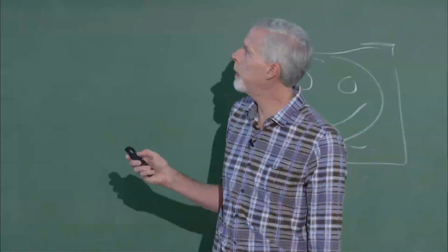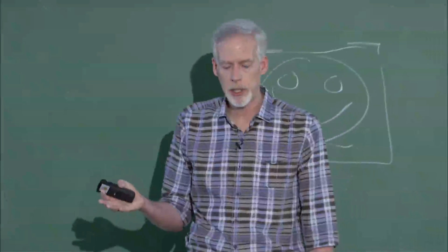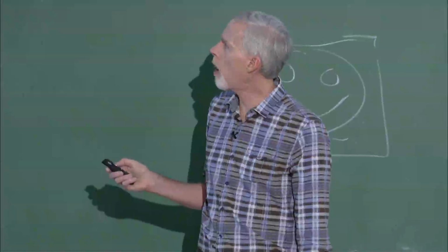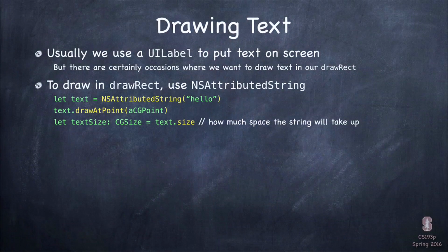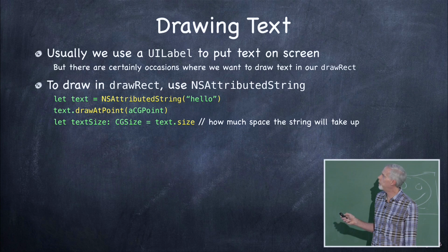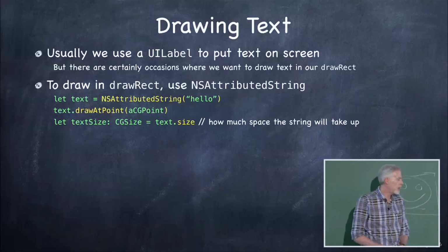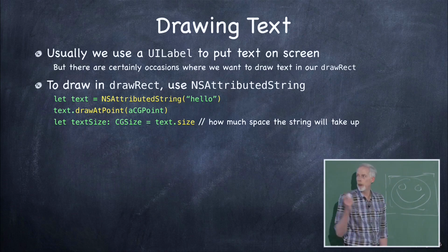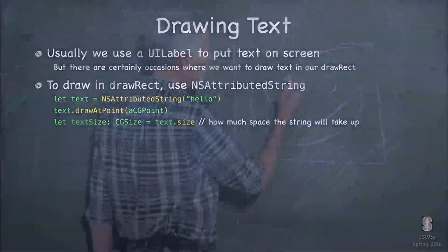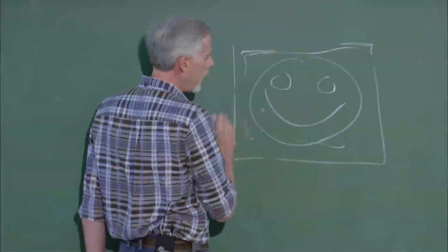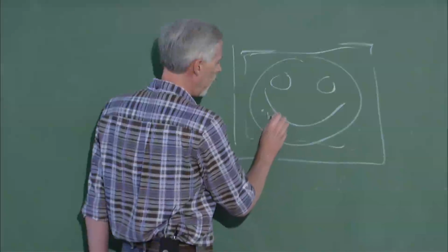And once you have an attributed string, okay, maybe you've set these dictionaries on the characters, then you draw it in your draw rect by saying text, that's the attributed string. You send the method here, draw at point, and then you give it a point, and it's going to draw that text with the upper left corner being at that point. So if I wanted to do that hello, and I drew it right here, the hello would appear like this.